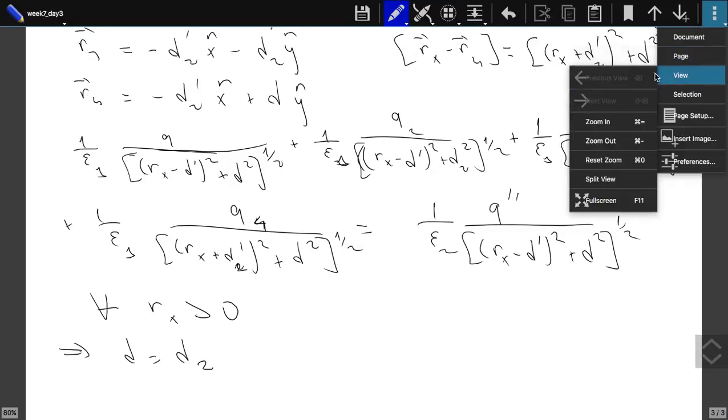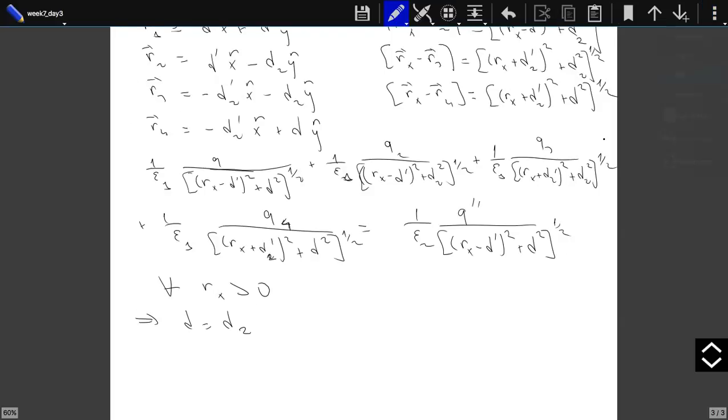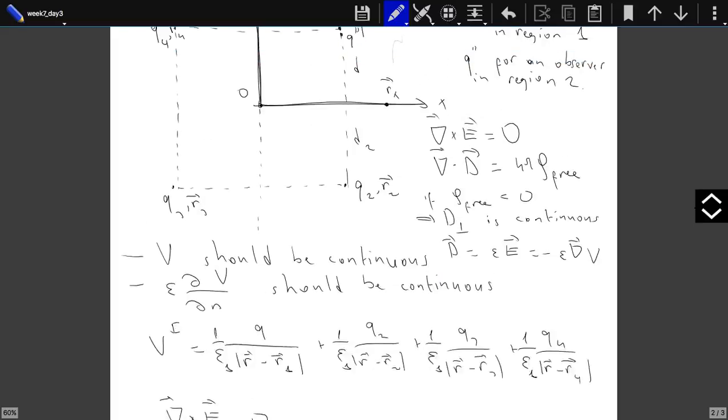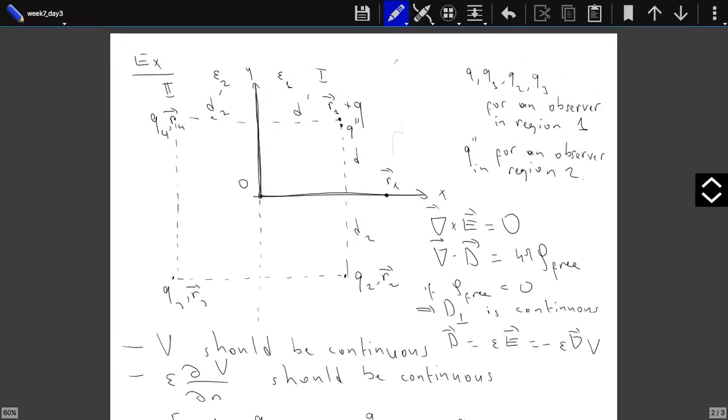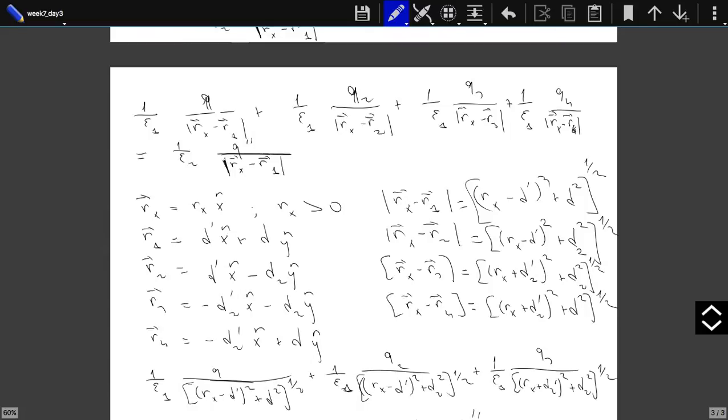D and D prime, or D2 and D2 prime, should be positive always. Well, that is how we define them. D2 and D2 prime and D prime, those are the distances. And since they are distances, whether they are on the negative x-axis, positive x-axis, negative y-axis, or positive y-axis, we took care of that with the choices in these position vectors.